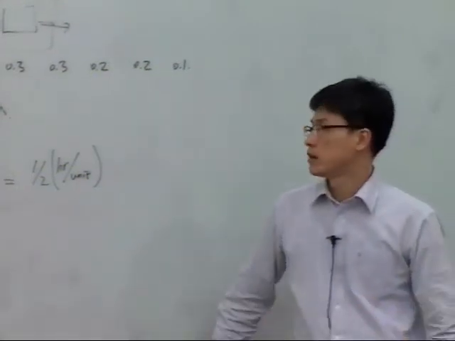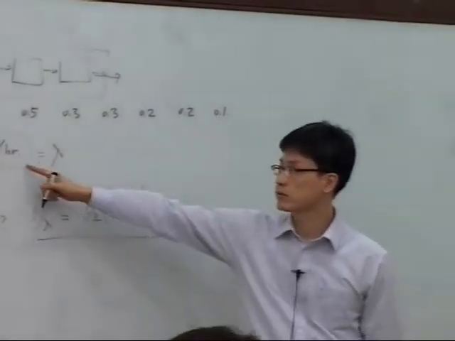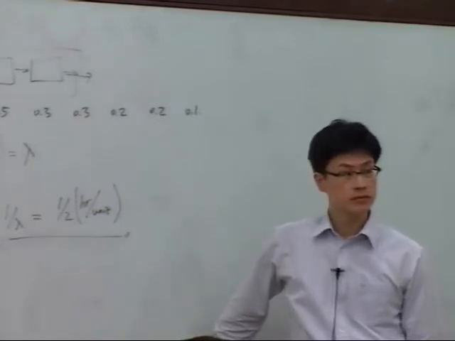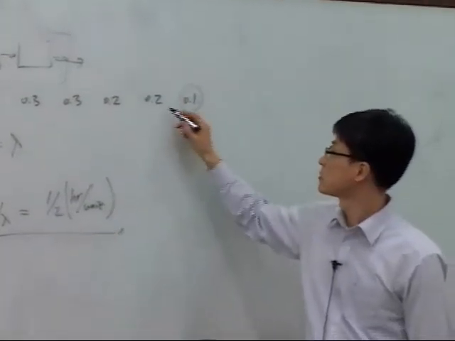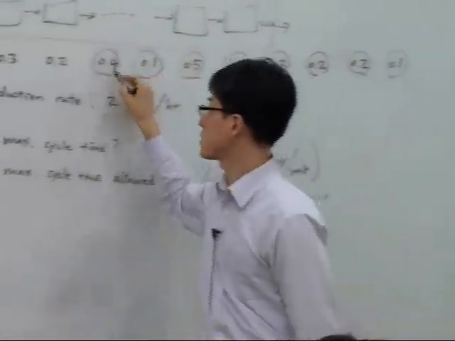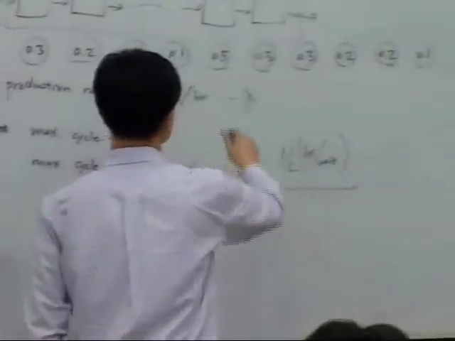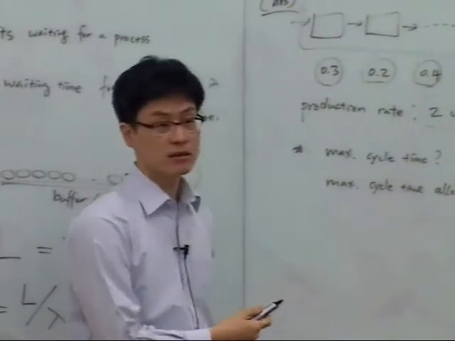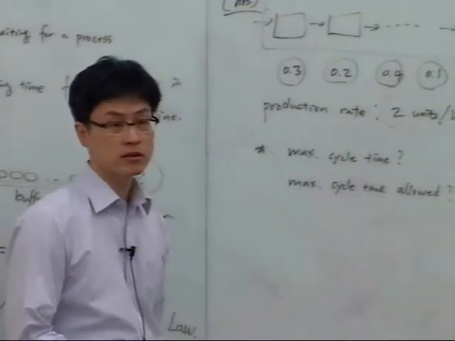Based on that, do you think it is possible to make 2 units per hour? It's the duration of each workstation. What is the maximum? 0.5, here. Is it the same as, greater than, or less than the maximum cycle time allowed?